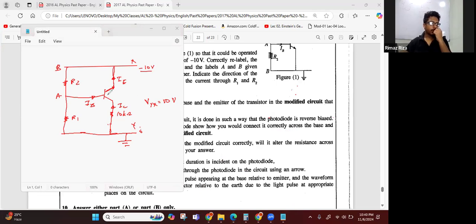A photodiode works in reverse bias, and you should remember the circuit symbol for the photodiode. A diode is like this, and for a photodiode the arrows point inward, whereas for a light emitting diode the arrows point outward. So this is the photodiode.